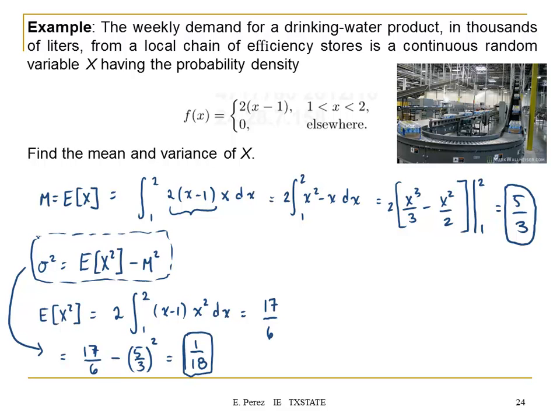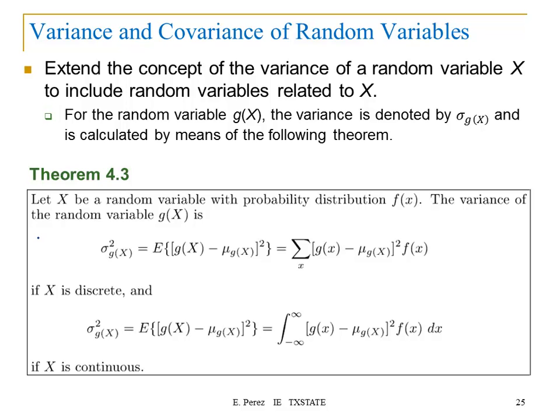Okay? So that covers the variance. Remember what we did for the mean? We also use the next case to evaluate the mean. So let's extend this concept of the variance of a random variable x to include random variables related to x.